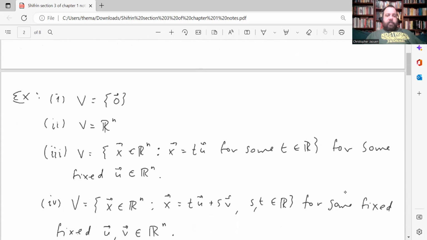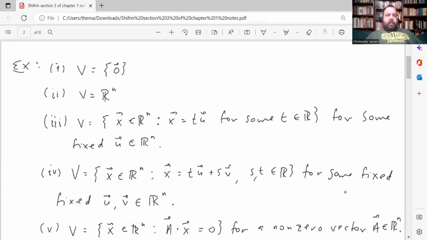And he gives some examples of subspaces here. These first two are called trivial subspaces because they're subspaces of every vector space. The other ones are maybe slightly more interesting.